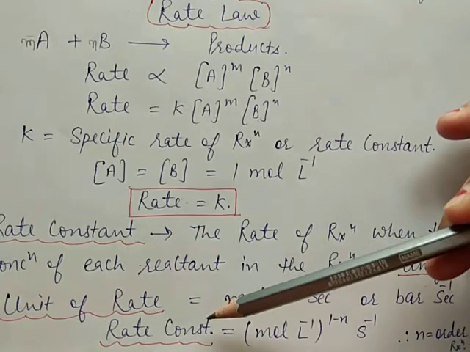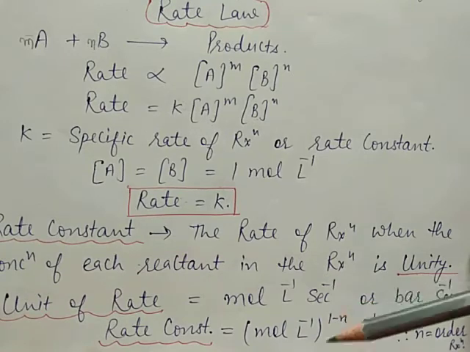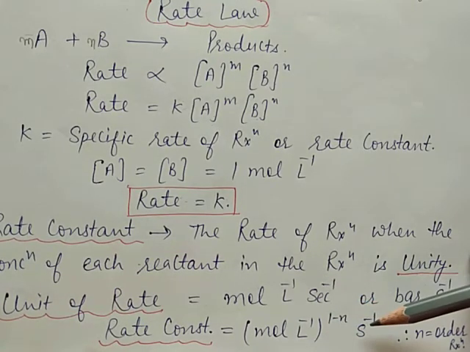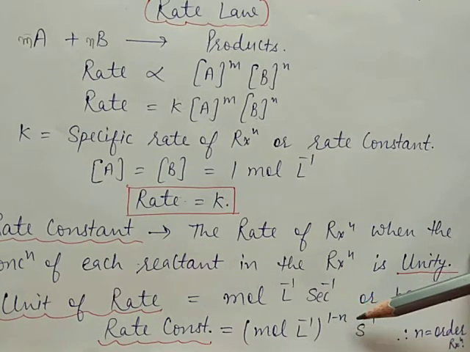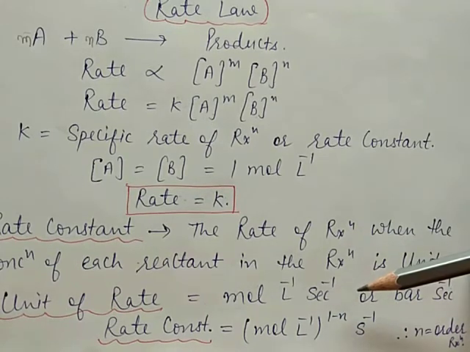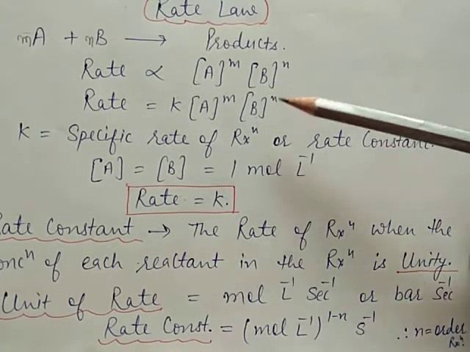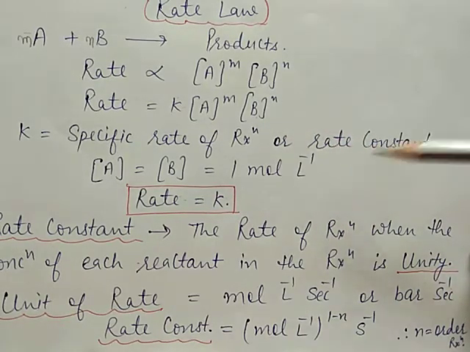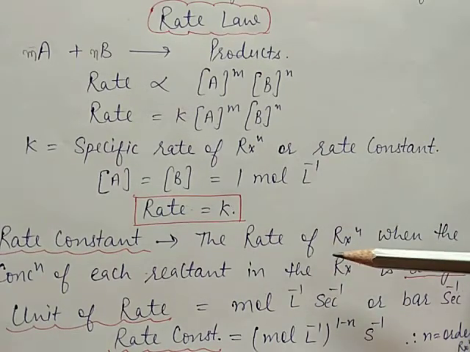Rate constant is equal to mole per liter to the power 1 minus n per second, where n is the order of reaction, and it depends on the order of reaction, meaning 0 order, 1 order, 2 order. Order means power of the reaction. Power depends on the number of moles. So this is the rate law and rate constant.